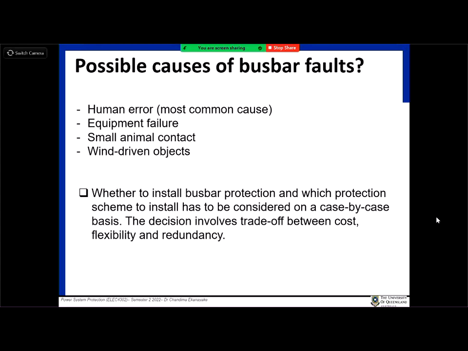When you are designing it, as I said before, you have to consider how many customers will lose the power, what is the economic impact, and what sort of load is connected to these feeders. All those things have to be investigated.